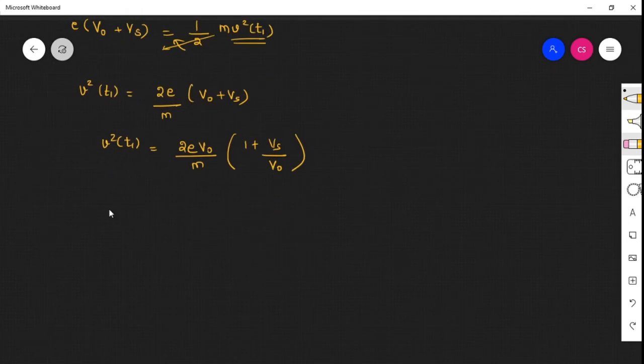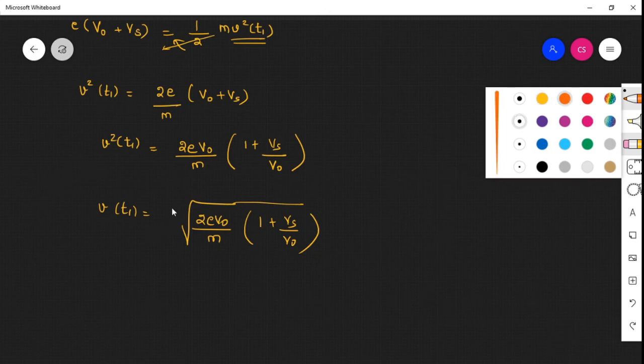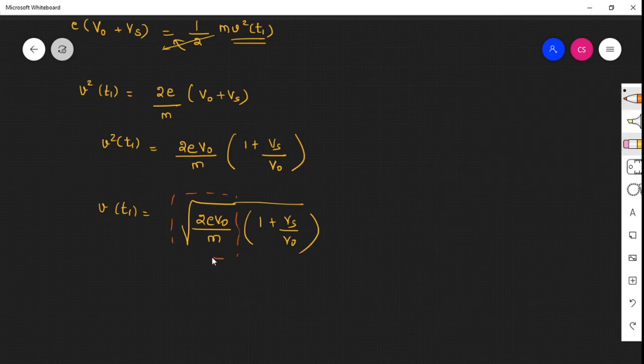Now take the square to the other side, so v of t1 is equal to root of 2e V naught by m into 1 plus Vs by V naught. This term, root of 2e V naught by m, is nothing but the velocity of the electron. So this can be replaced as v naught, and this term can be written as 1 plus Vs by V naught square root, so I can write it as whole power of 1 by 2.